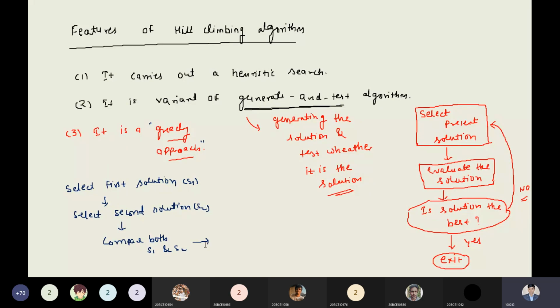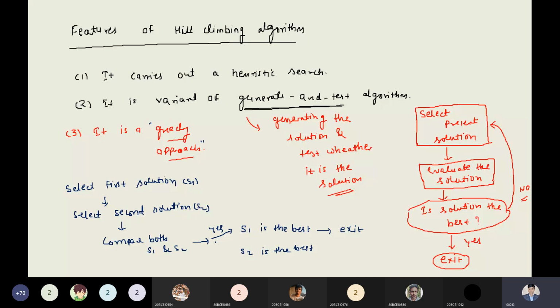After comparing these solutions, if S1 is the best solution, then I will choose this one, as S2 will not be my best solution. I can choose only the one best solution. So I compare both solutions. Suppose S1 is the best solution, then I will choose this one and then I will exit.